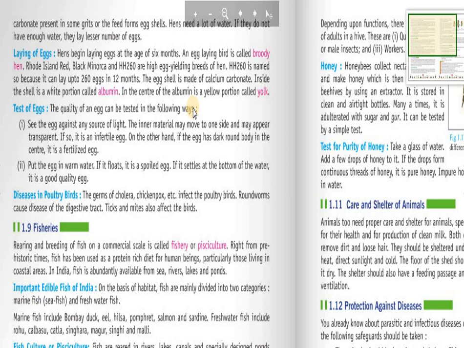And the white portion inside the shell of the egg is called albumin, and in the center of that albumin is a yellow portion known as yolk.